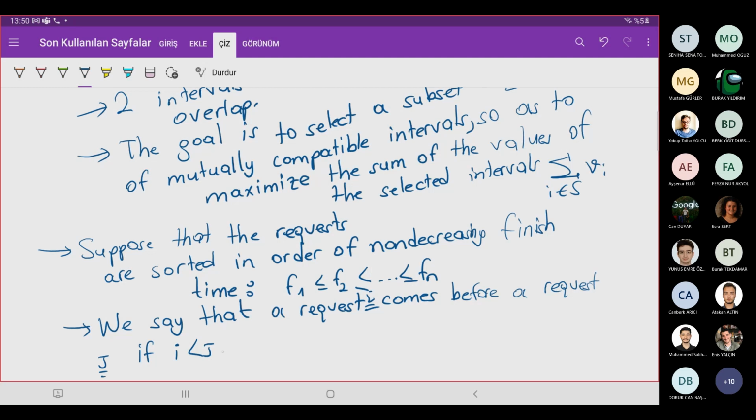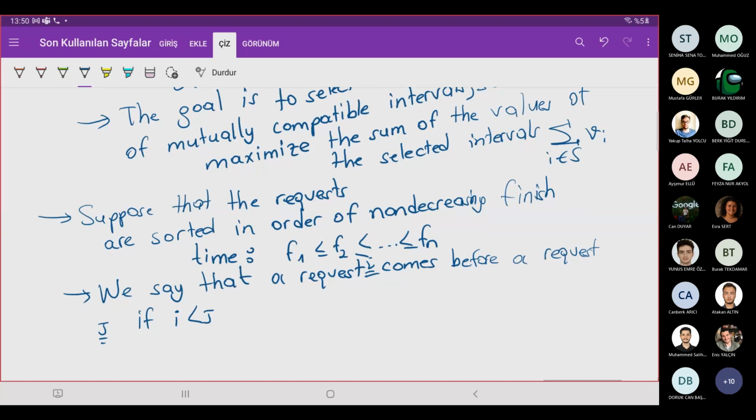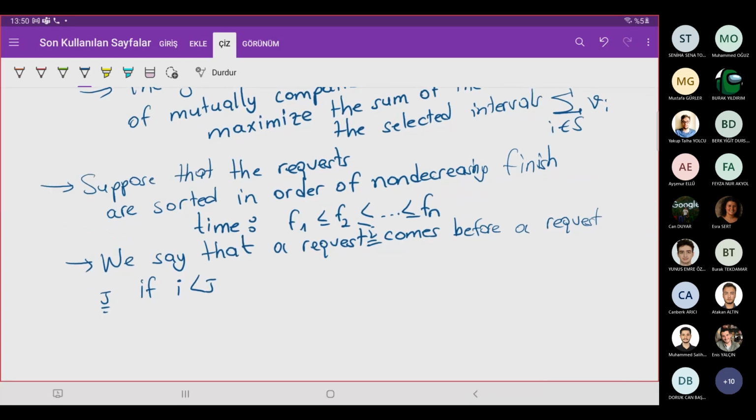We order the requests according to their finishing time. We say that one comes before the other if its finish time is less than the other's finishing time.